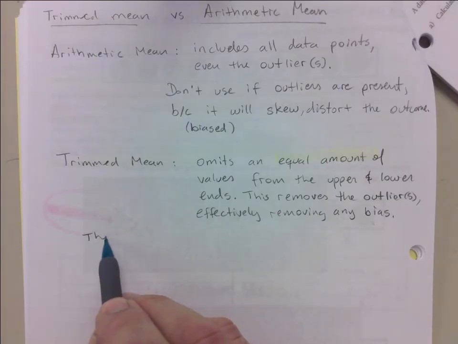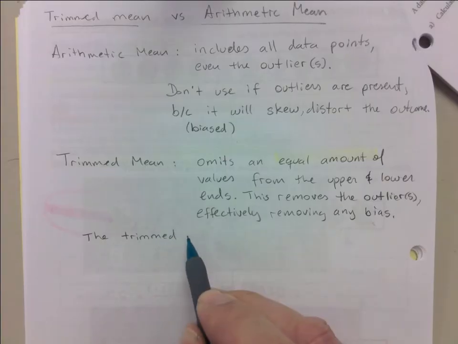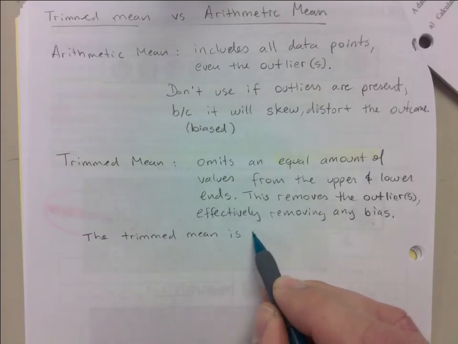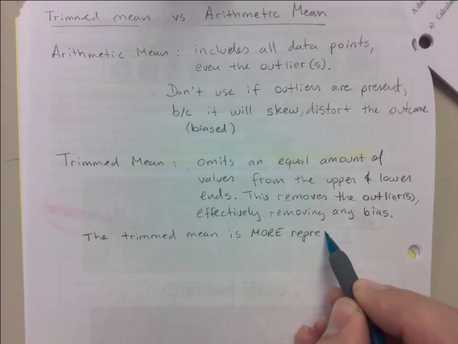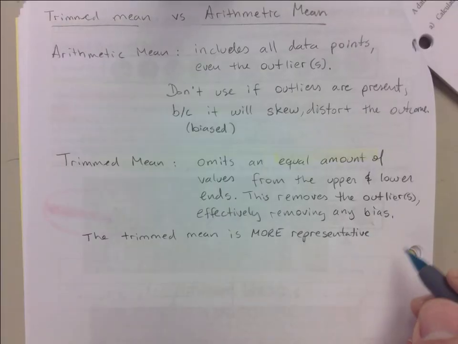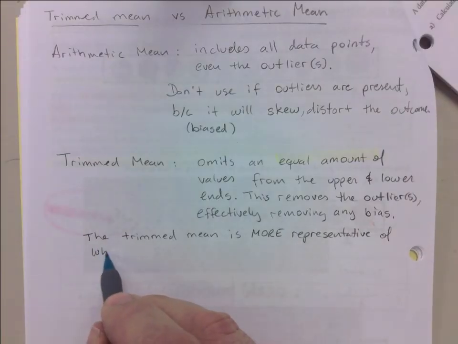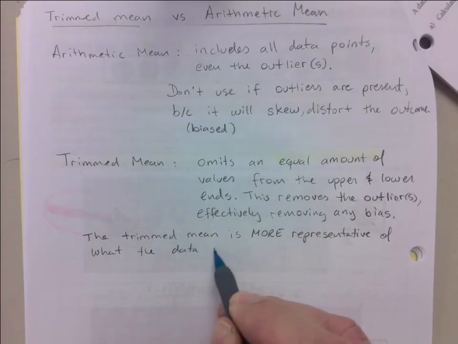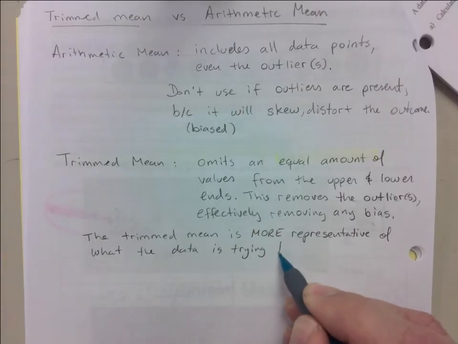The trimmed mean is more representative of what the data is trying to convey.